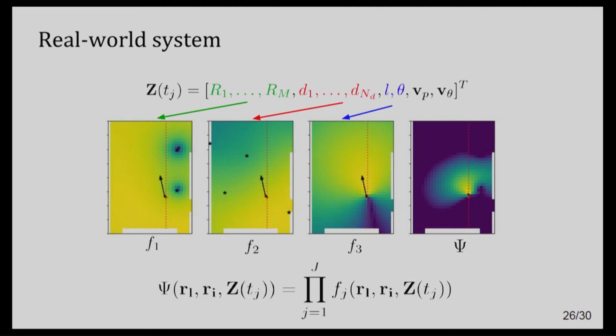We can do this for each of these modalities. The good thing is that if, for example, the Bluetooth measurements are extremely inaccurate, which they are most times, then you can see there's not much information here; it's pretty much completely flat.